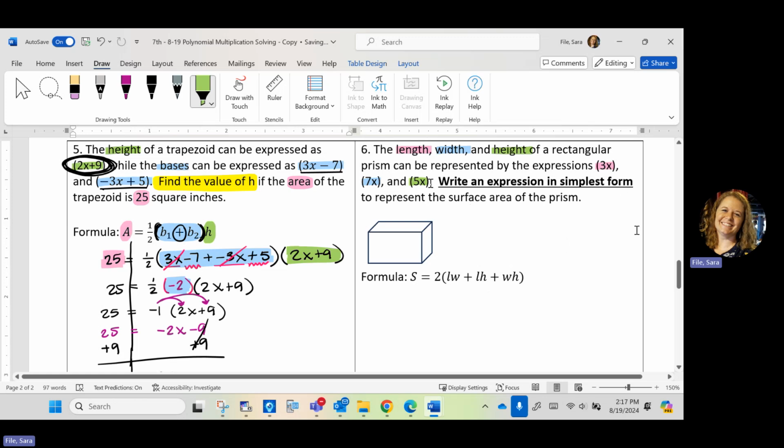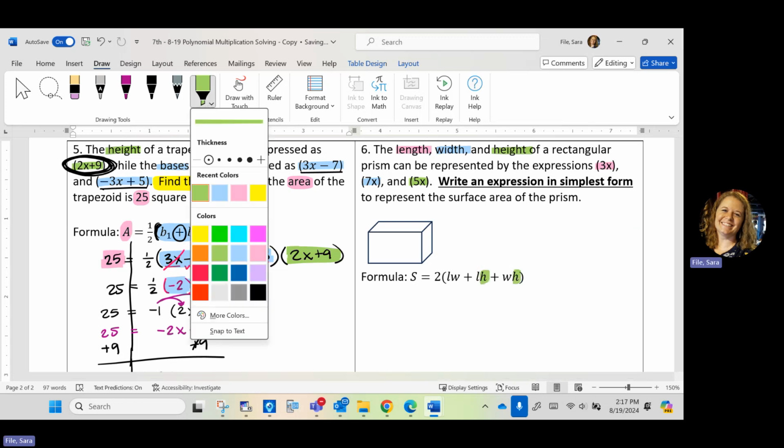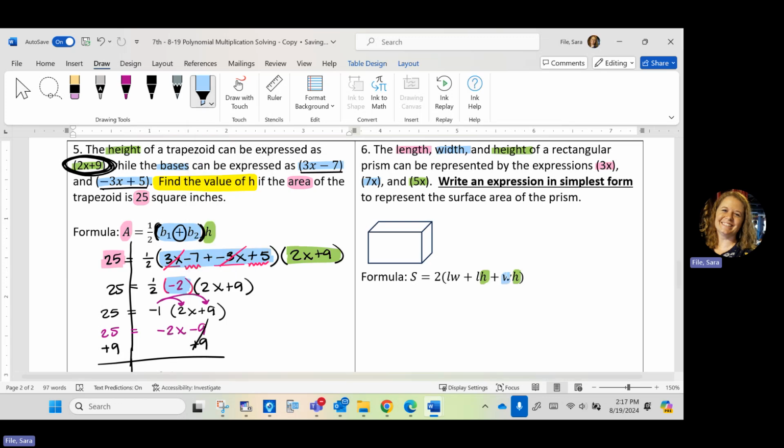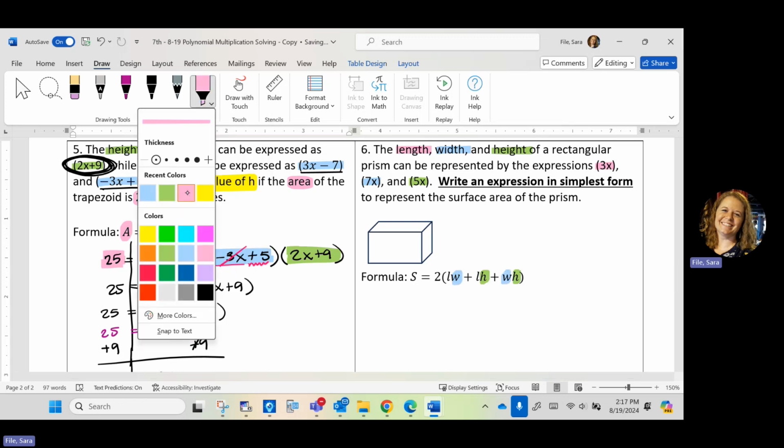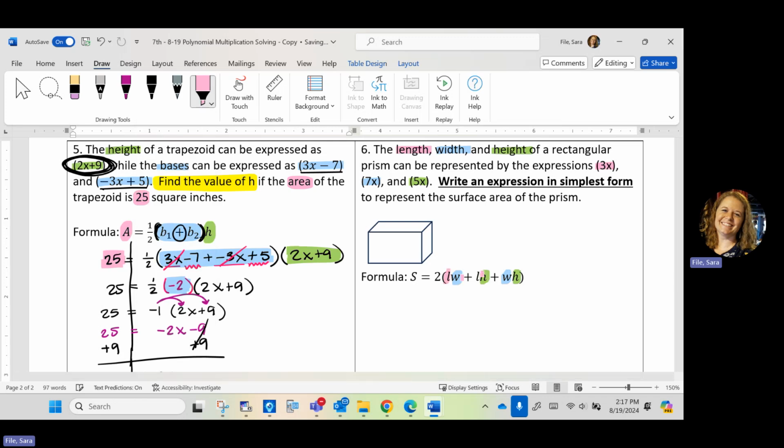So we are going to substitute for all of the h's. We're going to substitute 5x. For all of the w's, we're going to substitute the 7x. And for all the l's, we're going to substitute the 3x. So when I write this in terms of x, it's going to look like this.